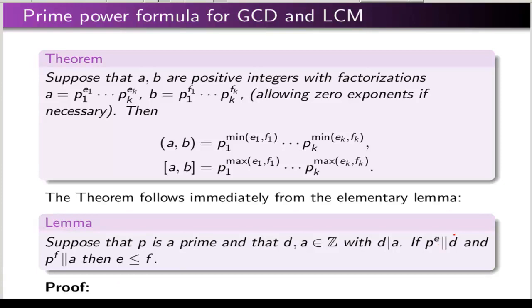Well, P to the E exactly divides D, so we have P to the E divides D, and D divides A. Put those together by the transitive property, P to the E is a divisor of A. Well, that means that E must be less than or equal to the biggest power of P dividing A. So immediately we get that E has to be less than or equal to F. And that's all there is to that lemma.